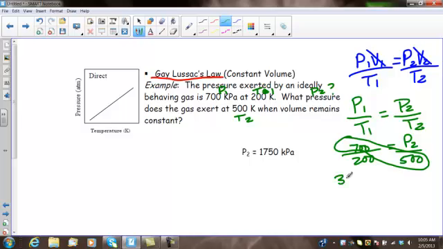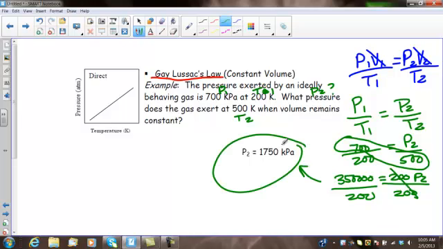So this is going to be 350,000 equals 200 P2. I divide both sides by 200, and I get my answer.